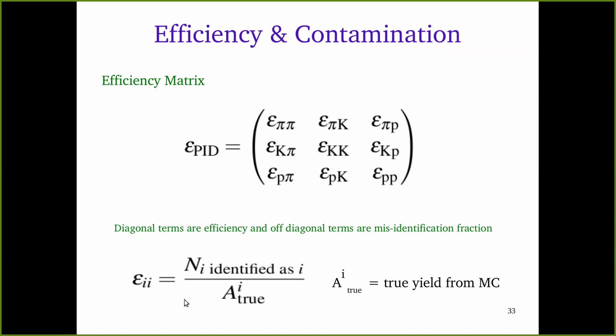So these are defined like this: if you have a number of a particular particle and you identify those as that particle, suppose you throw 100 pions, how many of the pions you identify. This is the efficiency, and these things are calculated from the Monte Carlo information.